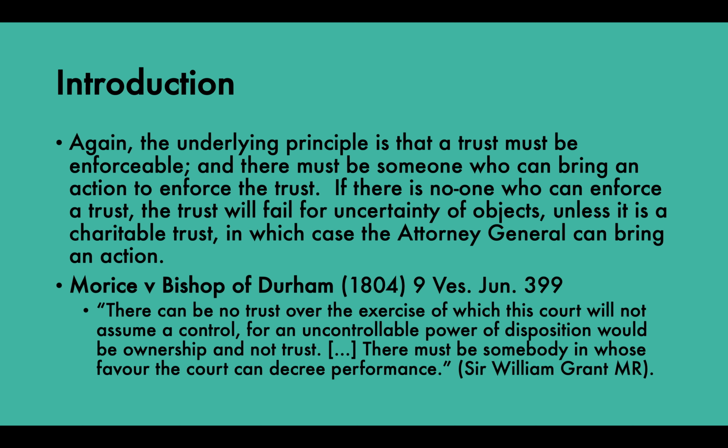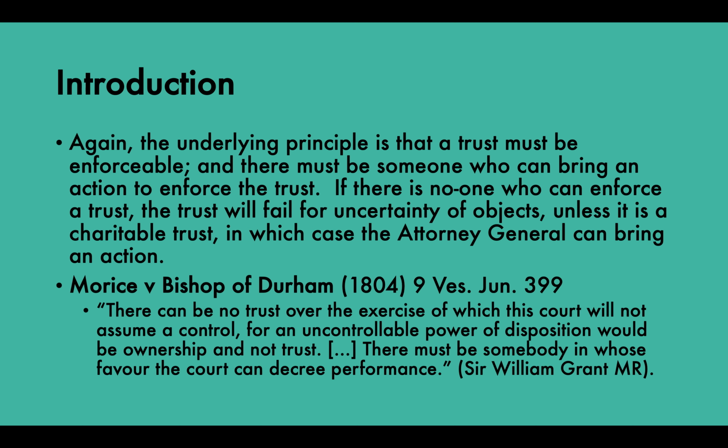Now, if there was some dispute as to the manner in which the trustee should deal with the trust property, then the court would need to be able to take control of the management of the trust. But it cannot do this if there is some uncertainty as to the identity of the beneficiaries. Consequently, any trust which is uncertain as to its beneficiaries will be void.